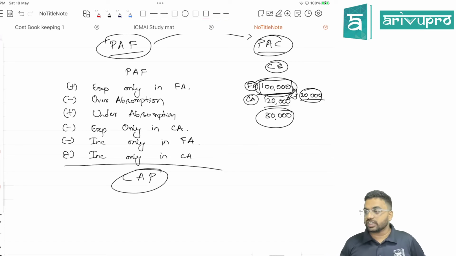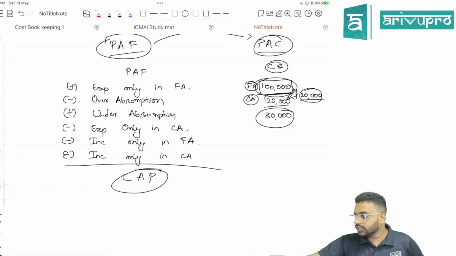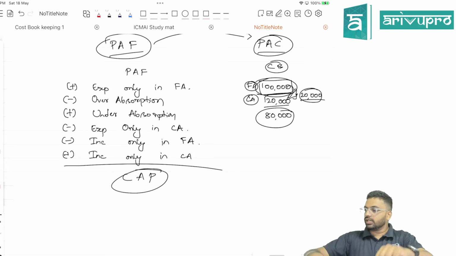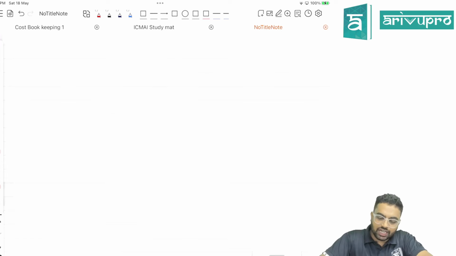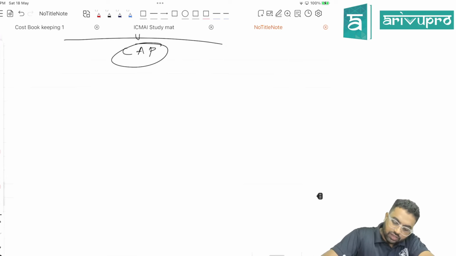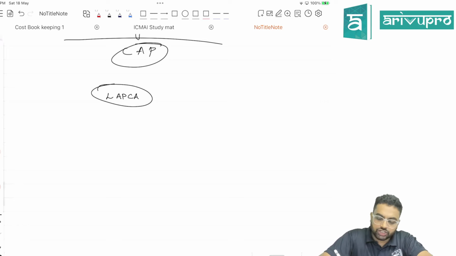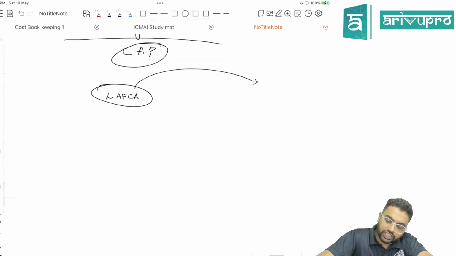That is when there is a profit. Sir, what if there is a loss? Let's say loss as per cost accounts. From the loss as per cost accounts, we are trying to reach the loss as per books of accounts.